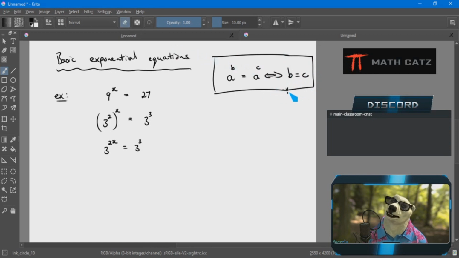That comes from a property of certain kinds of functions being one-to-one or injective and things like that, that we don't necessarily have to dig deeper into. We just have to notice that if I can make the bases the same, the only way that this equation can be true is if the exponents are actually the same, leading me to the value of x.